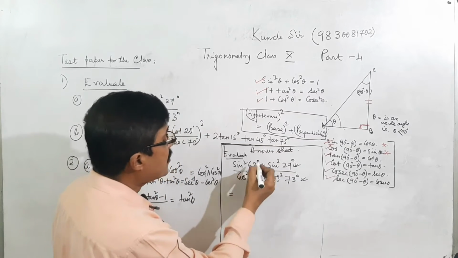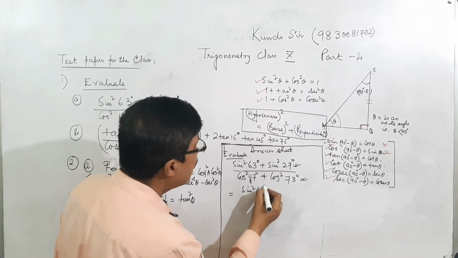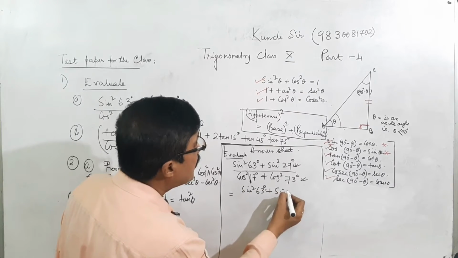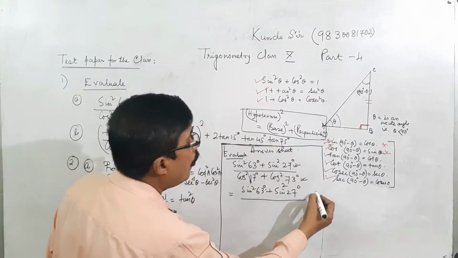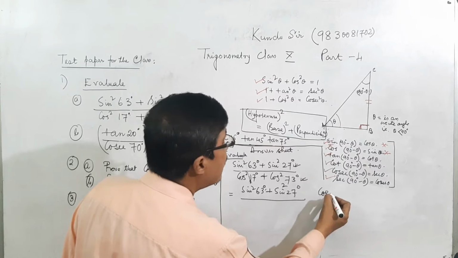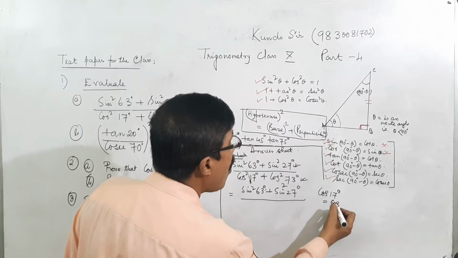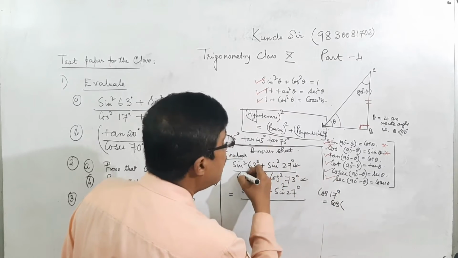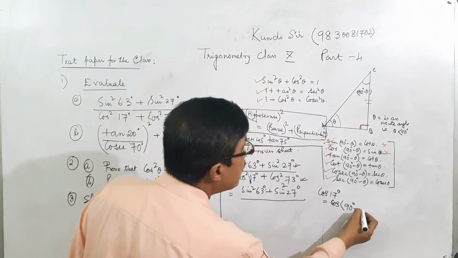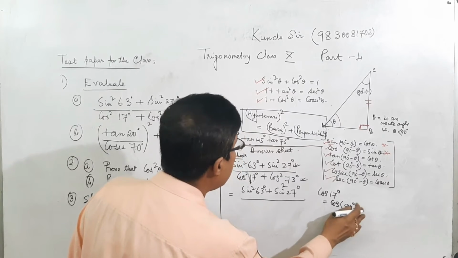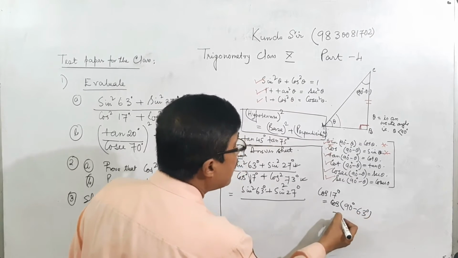Then sin square 63 degree we are keeping unchanged, plus sin square 27 degree, it is here. We know cos 17 degree can be written as cos of 90 degree minus 63 degree.